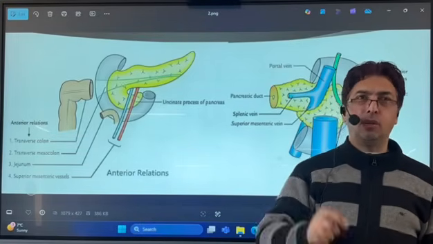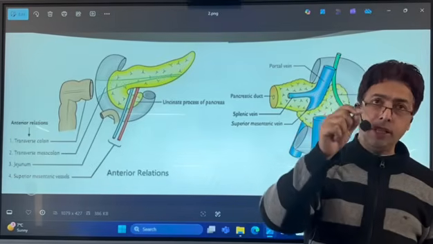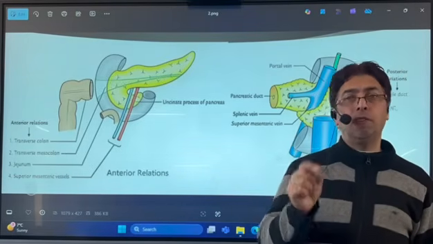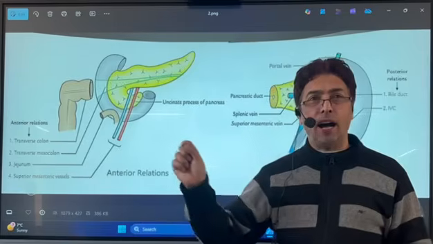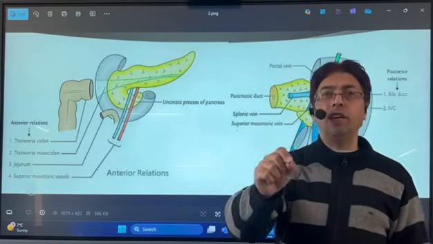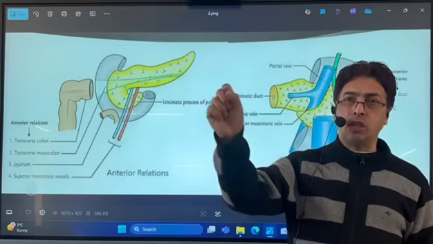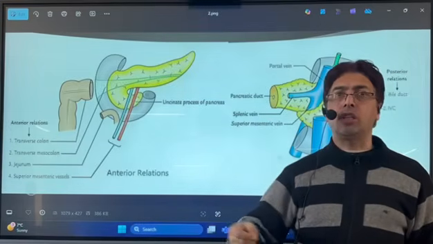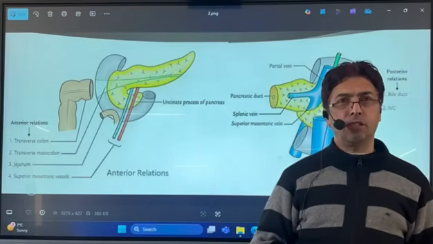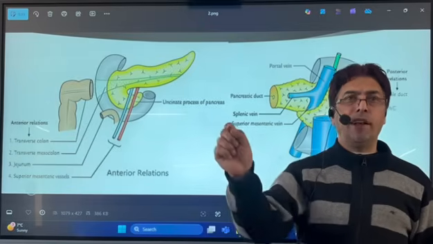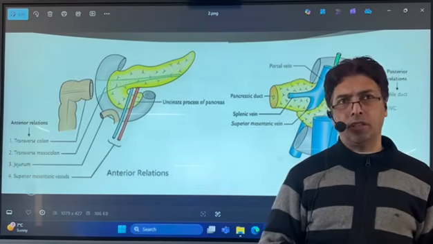Got it? So that is why the tail of the pancreas, which forms an important relation with the hilum of the spleen, is a very, very important consideration when doing surgeries on the spleen or at the distal end, the tail of the pancreas, because one does not want to fiddle with the pancreas. That's important.